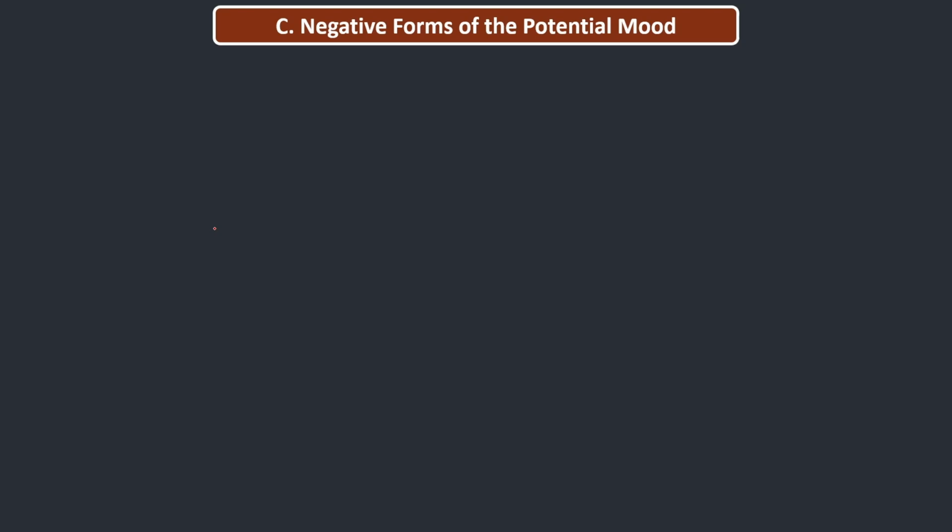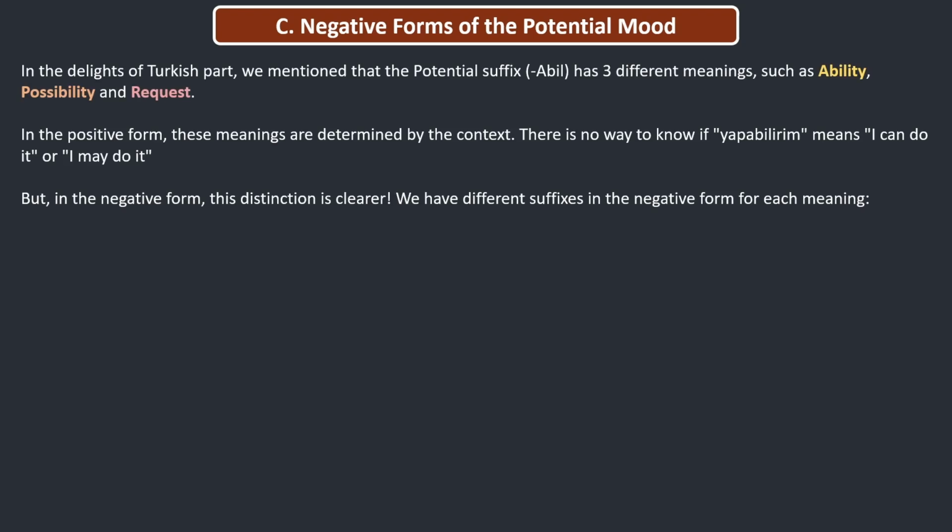We should know that the potential suffix has ability, possibility, and request, and using them in negative has three different suffixes. So let me just put this explanation so you can read it for yourself. In the positive form, these are determined by the context. You need to look into the context. Like yapabilirim can mean I can do it or I may do it.